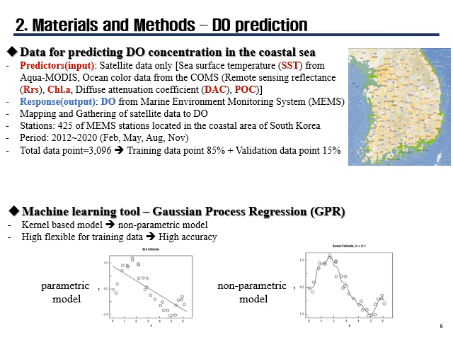We used the Gaussian process regression model based on machine learning. It's a kernel-based model, which means a non-parametric model. Usually, a non-parametric model shows high flexibility for training data, and it has high accuracy. So usually the non-parametric model shows higher performance than the parametric model.